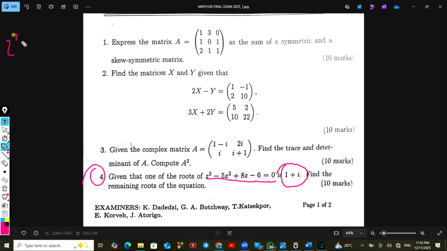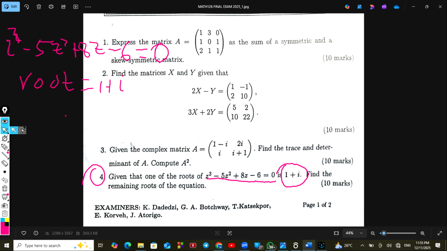We have z cubed minus 5z squared equal to 0, and we've been given one of the roots, 1 plus i. So let's go straight to our notebook.